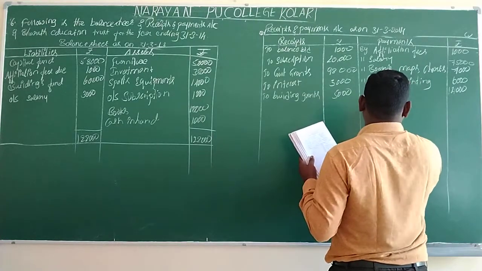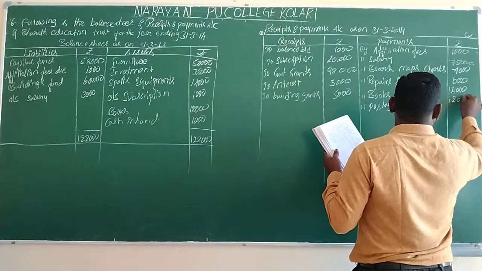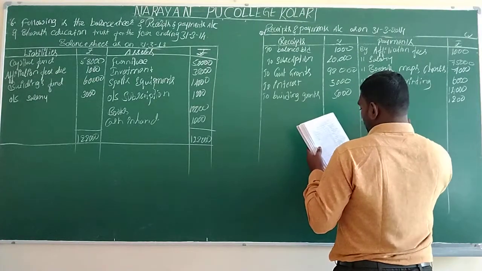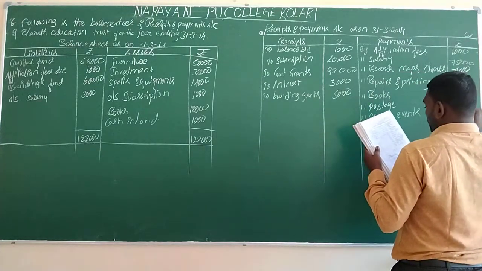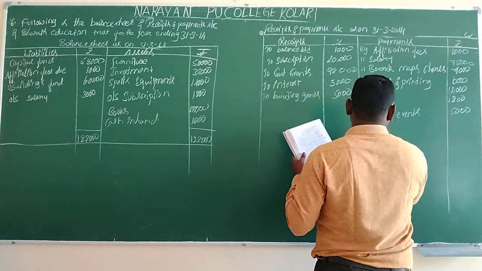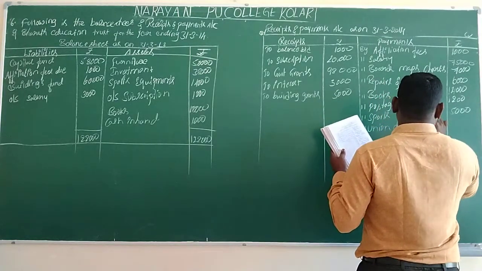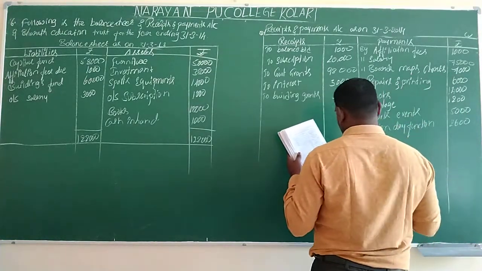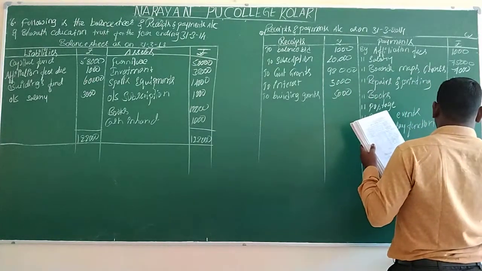Postage 1,200. Sports events 5,000. Union Day function 2,600. By printing and stationery 3,400.